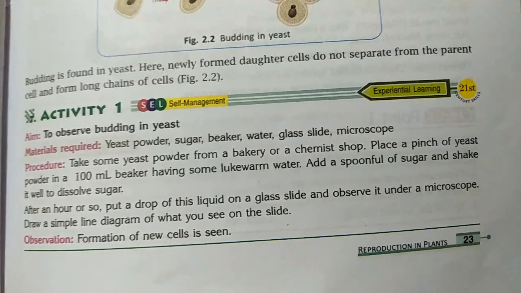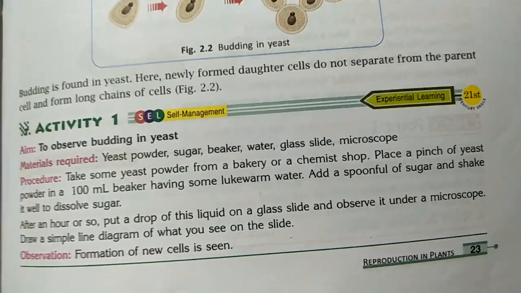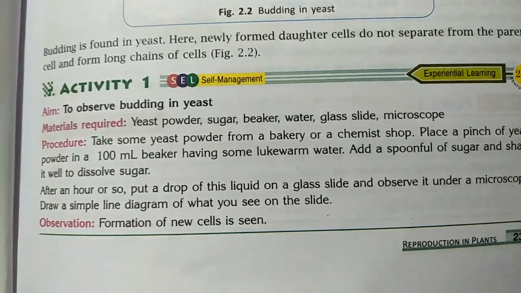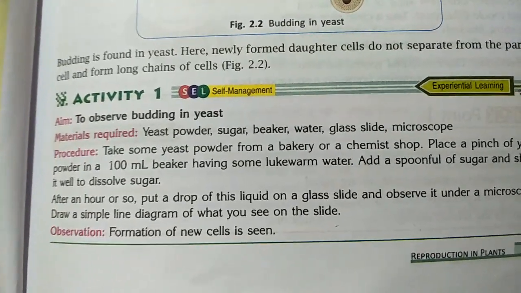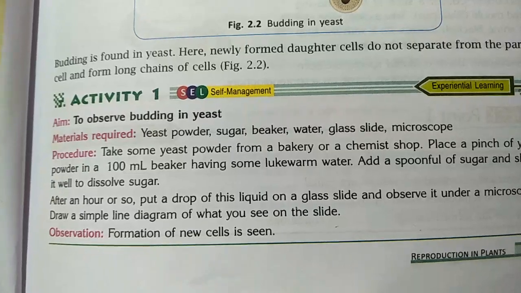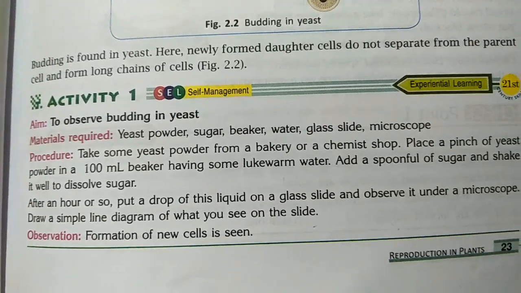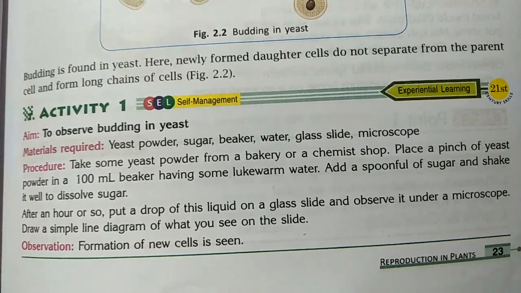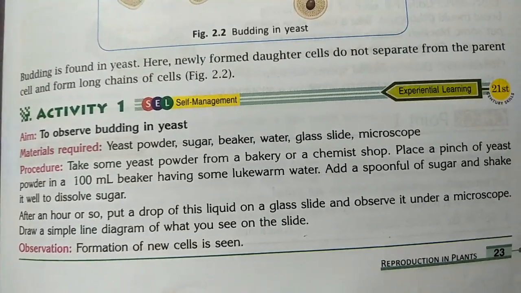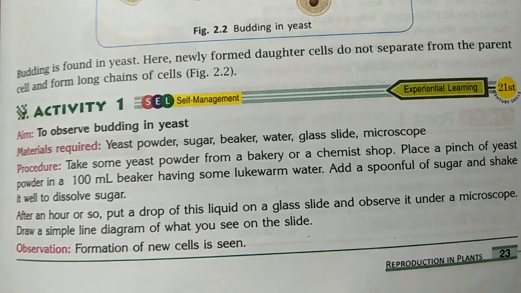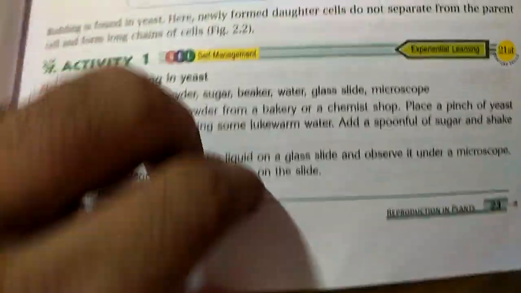Add a spoonful of sugar and shake it well to dissolve the sugar. After an hour or so, put a drop of this liquid on the glass slide and observe it under a microscope. Now draw a simple line diagram of what you see on the slide. Formation of new cells can be seen. Probably you'll see them like this.